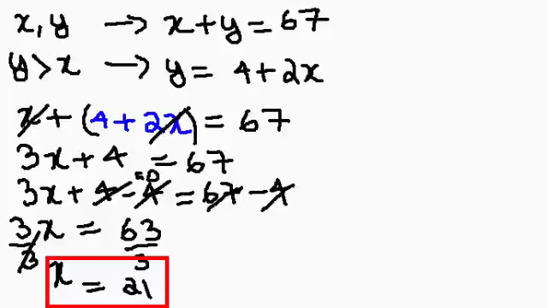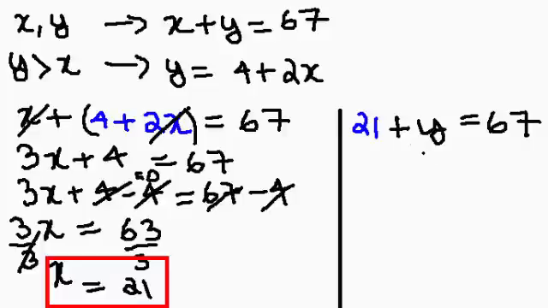Now that we know what x is equal to, we can go ahead and plug x into our original equation and then solve for y, which is what I'm going to do here. So I'm going to use the other side of my board here, starting again with our original equation, but in this case we now know that x is equal to 21, so I'll change colors and we'll start with 21 plus y is equal to 67. This time our goal is to solve for y, and in order to do that we'd have to subtract 21 from both sides of the equation.